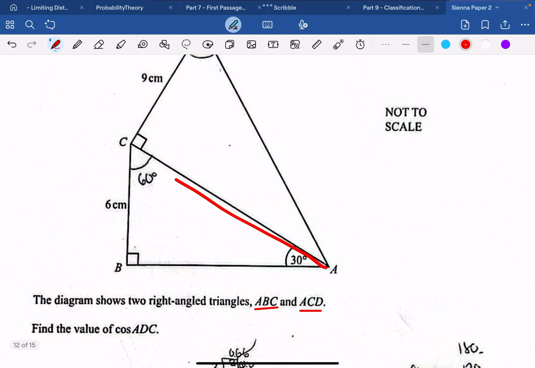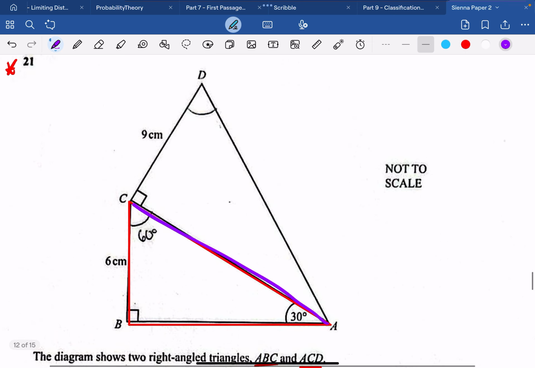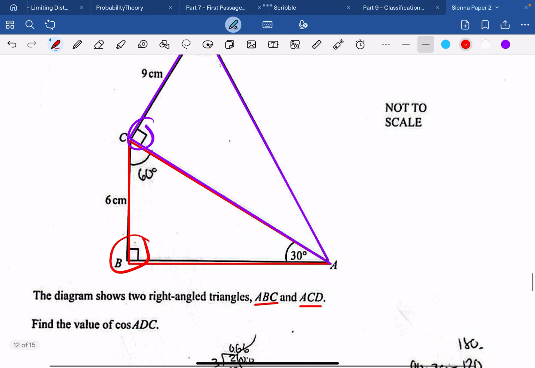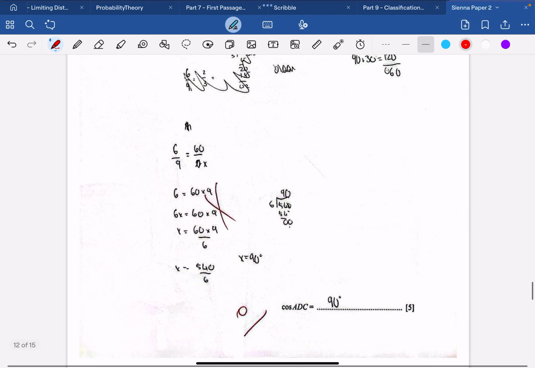So we've got this triangle ABC, and let's do another color, ACD. We have another triangle, ACD. Okay, and notice where the right angles are, because that's very important. Find the value of cos ADC.